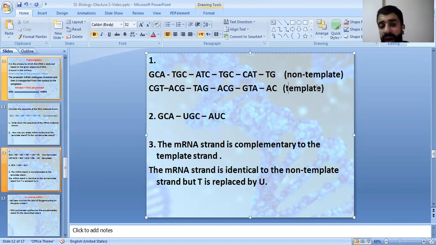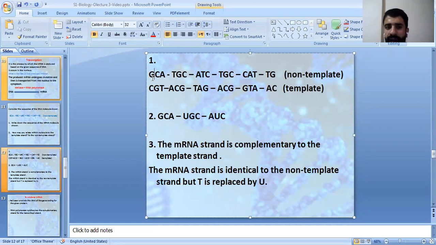So the sequence of the mRNA is similar to that of the non-template, similar to the coding, but instead of T, it's replaced by U. Did you see here? I start only with the first three codons. Every three is called a codon. First codon, second codon, third codon, fourth codon, fifth codon, and so on.